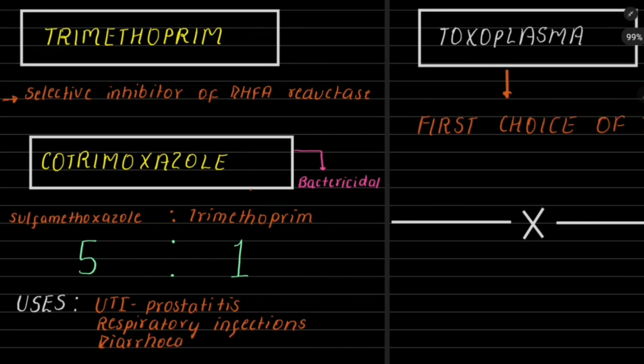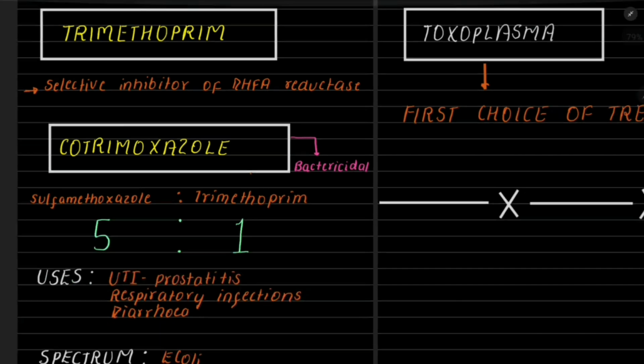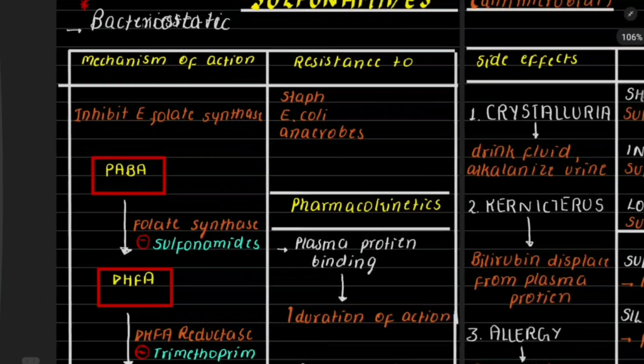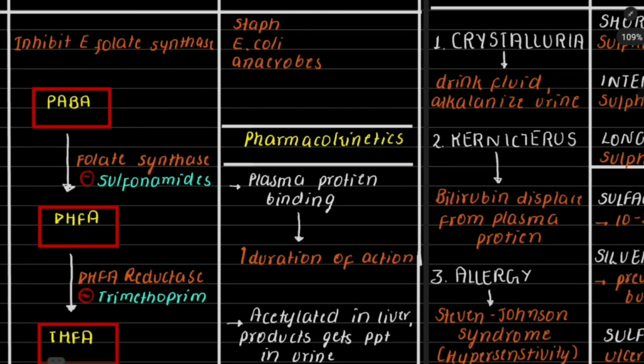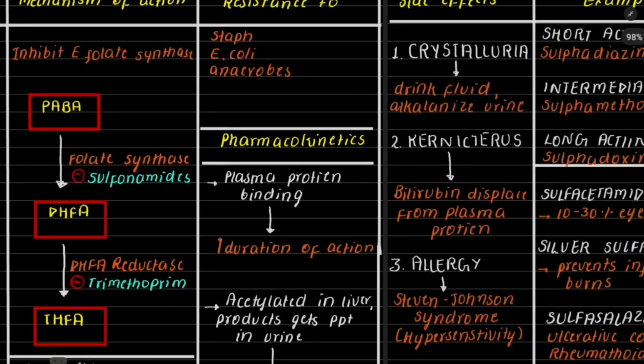Trimethoprim. Didn't we just talk about it in the mechanism of action? Let's go back. So by now you must be an expert in this flowchart. PABA gets converted to DHFA with the help of folate synthase, and DHFA gets converted to THFA by DHFA reductase.